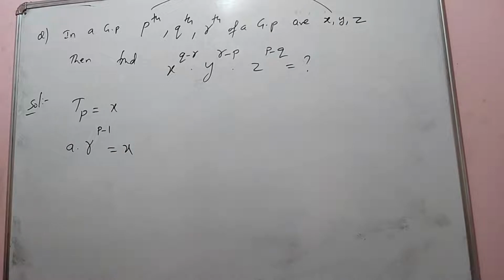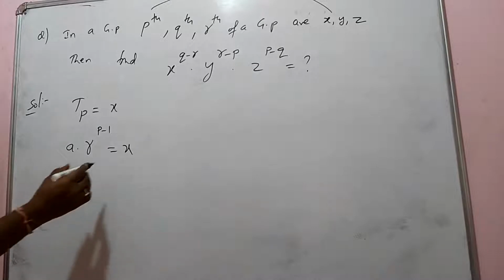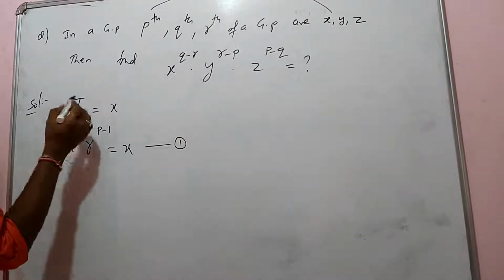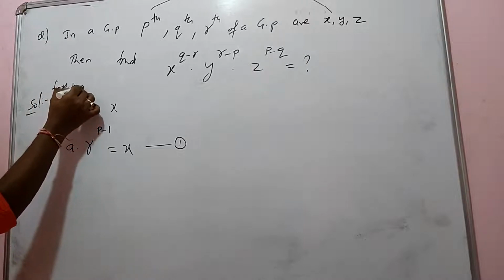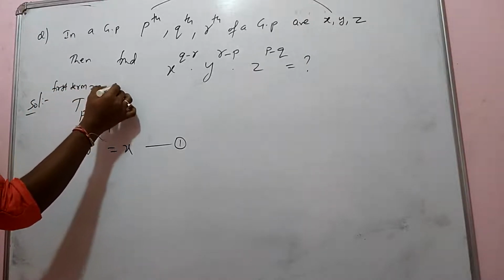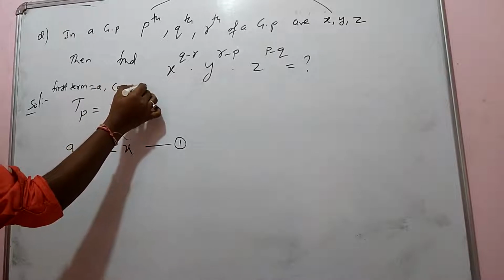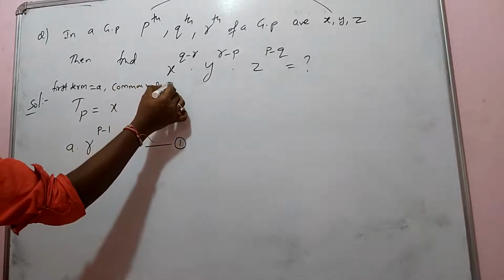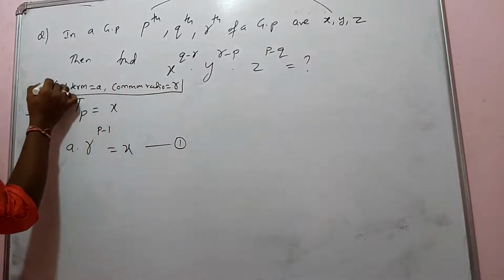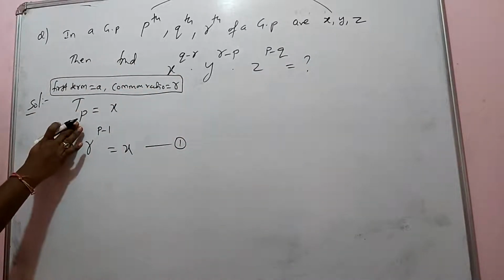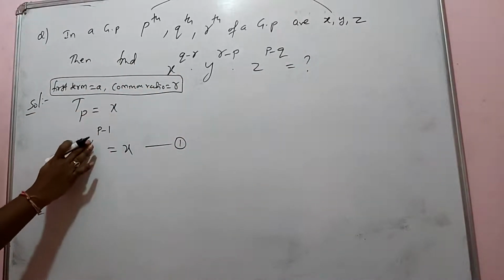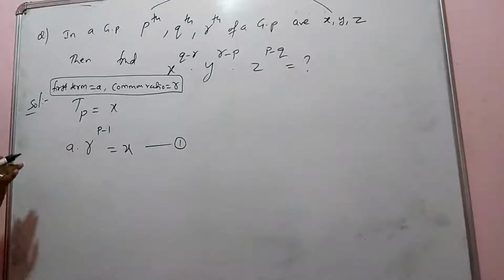Here we are taking the first term as a, and the common ratio as r. So TP is equal to x, that is a into r power p minus 1 is equal to x.